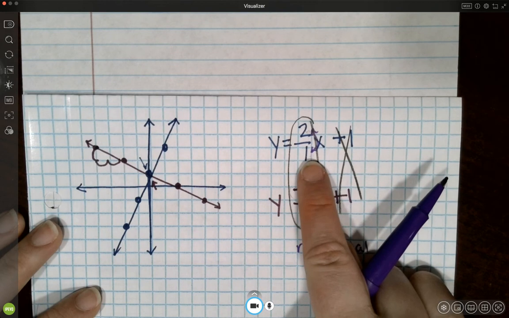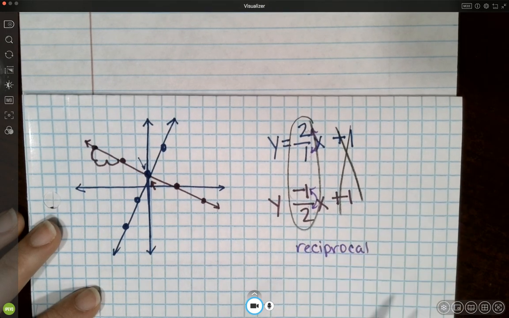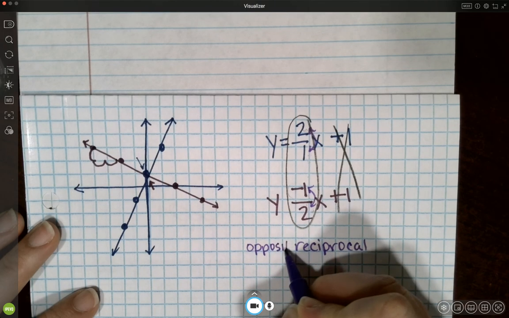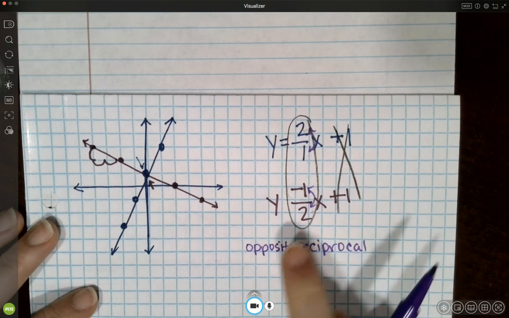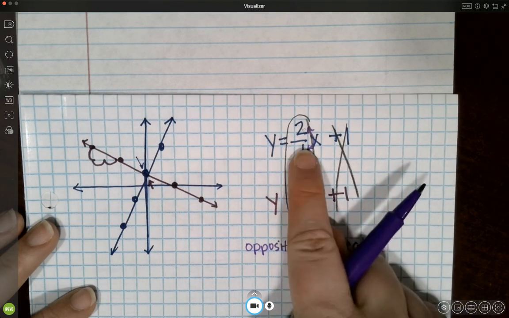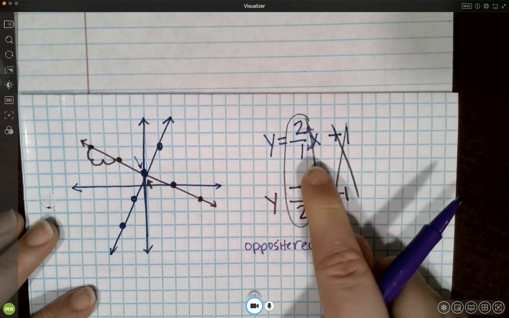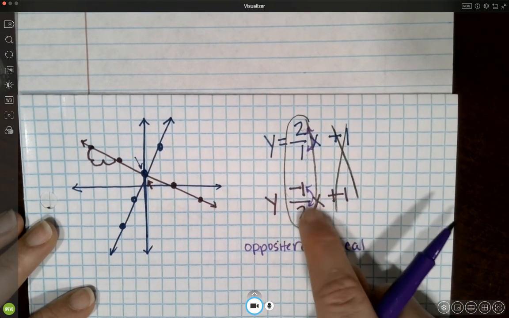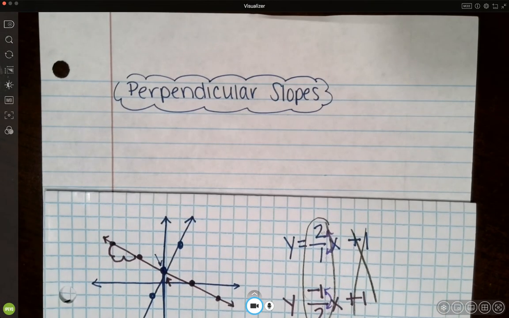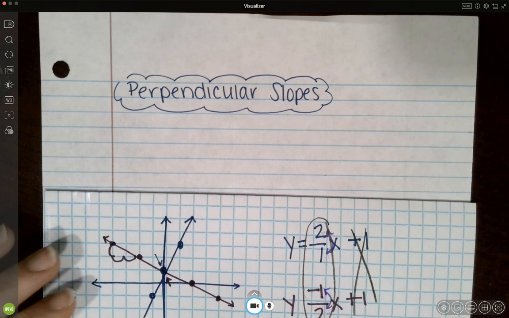Notice the top one is positive and the bottom one is negative, and we call that the opposite. So the slopes are opposite reciprocals of each other. One is positive, one is negative, and the numbers are flip-flopped from top and bottom. All right, so we're going to go ahead and write that as our rule for our perpendicular slopes.